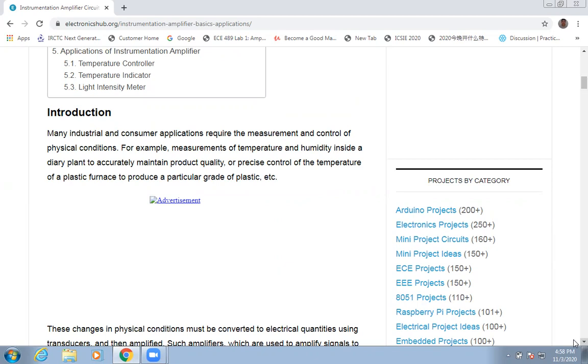So, instrumentational amplifier is mainly used in industry where we want to control some physical conditions such as measurement of temperature, humidity, and pressure, etc.